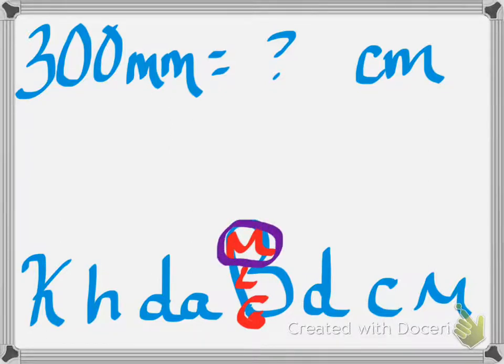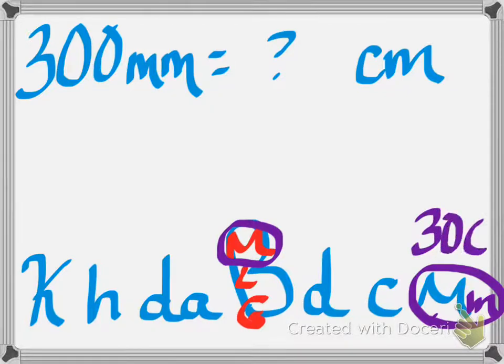So what here would make it millimeters? The M down here, that's right. So that's milli, and now we need to make her meters. So circle that. And what do we need to put above it? The 300. Hopefully that's what you said.